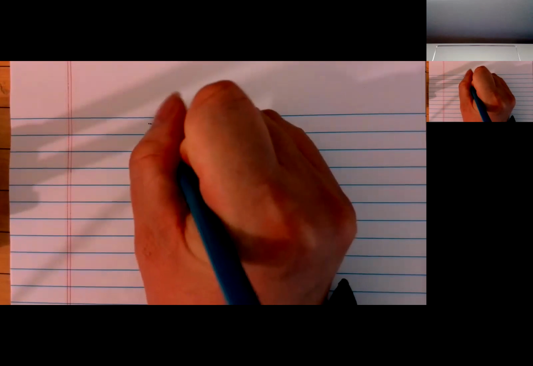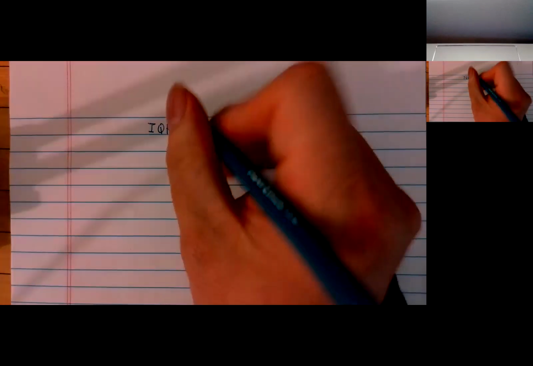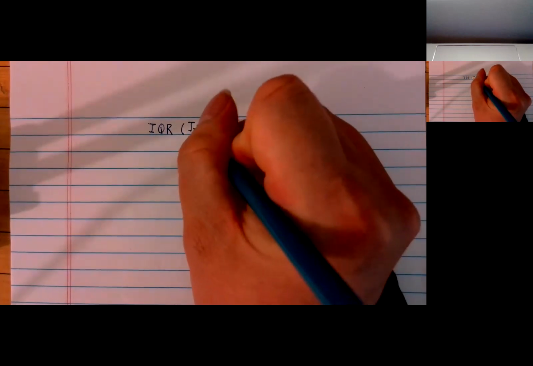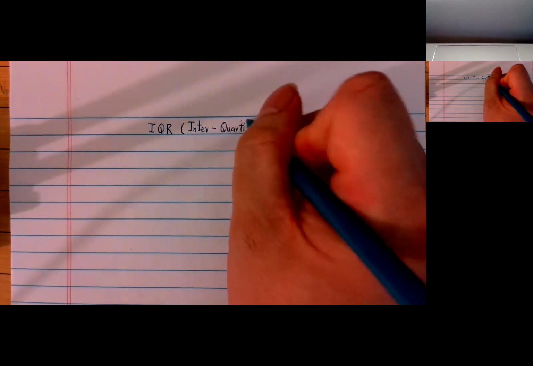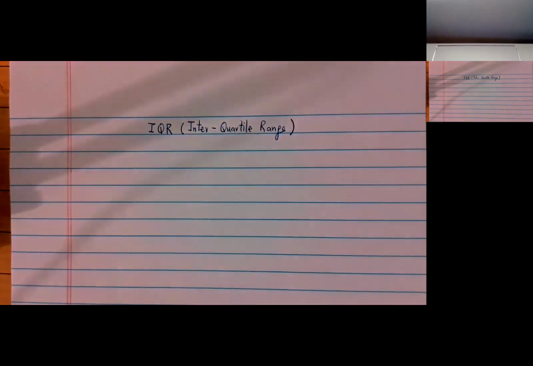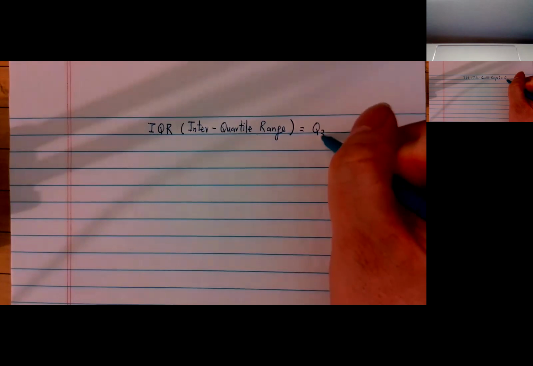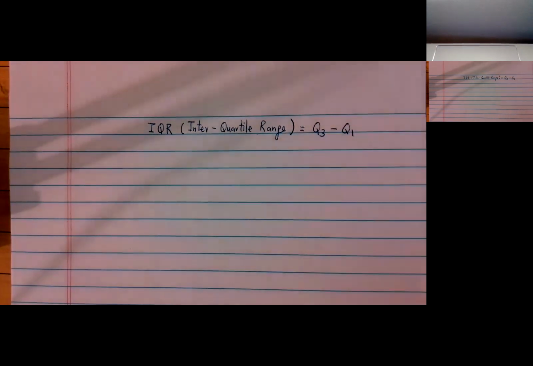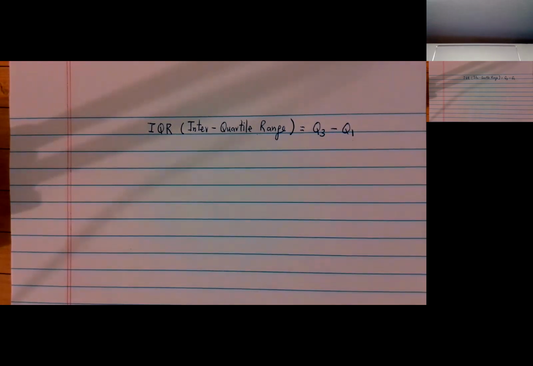Next one, I introduce you to IQR. IQR is an abbreviation of interquartile range. And IQR is defined to be Q3 minus Q1. The third quartile subtracted by the first quartile. That is called IQR, okay?